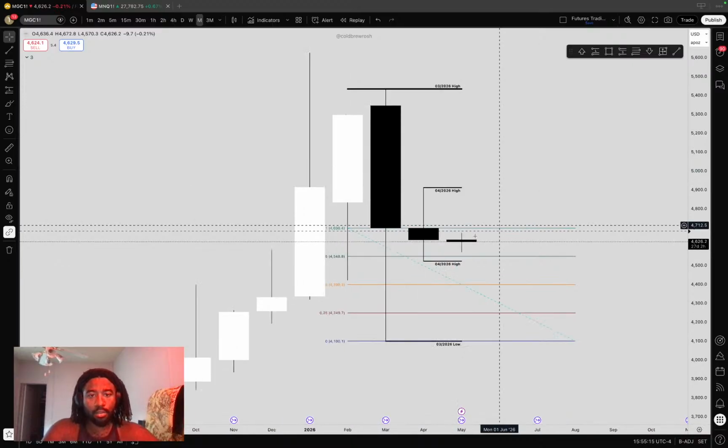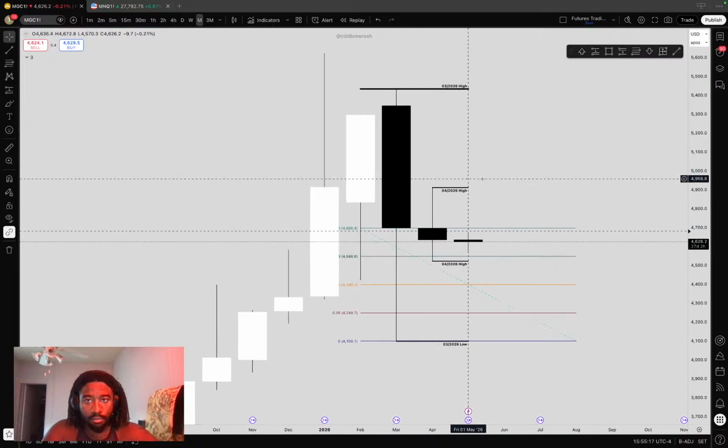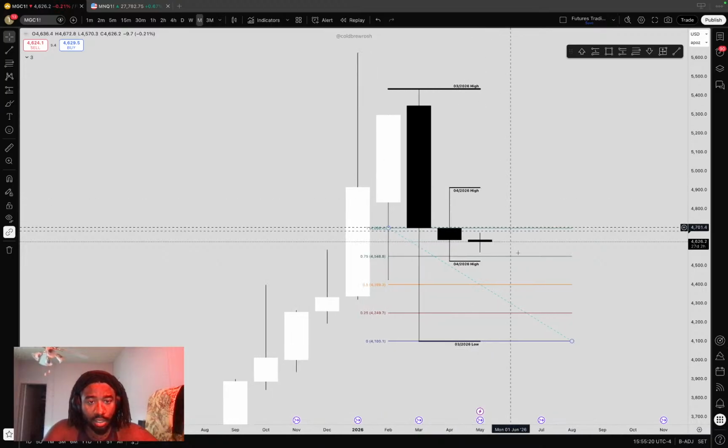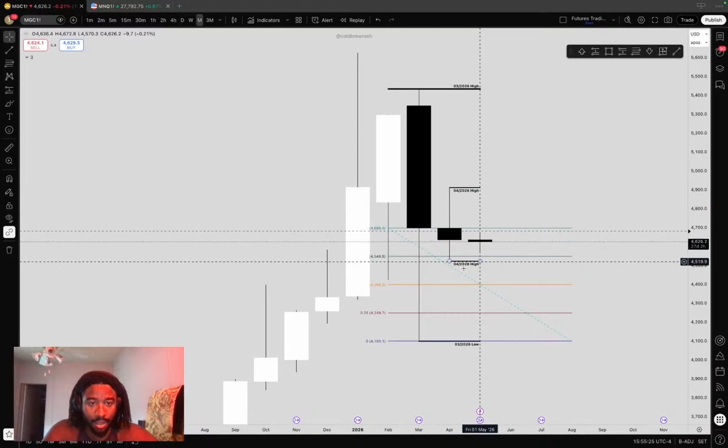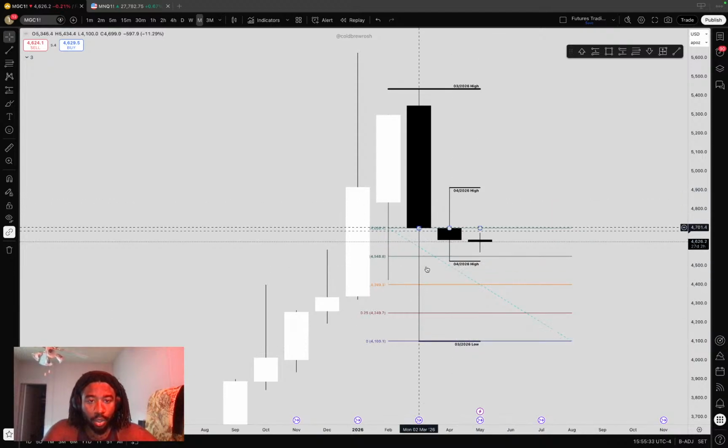Okay. So, like I said, with that monthly range, we're just labeling here: we have the last monthly high, the previous month high, previous month low, and then what I also have labeled here is the lower wick of the March range. The reason I have this labeled with the Fibonacci tool is to grade the quarterly levels of that monthly range.